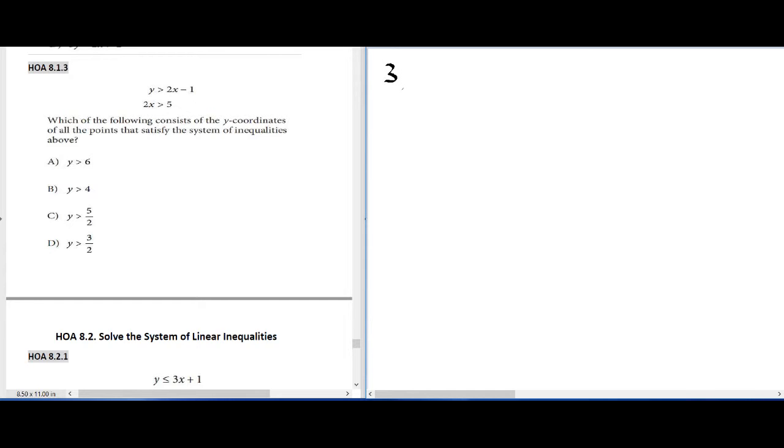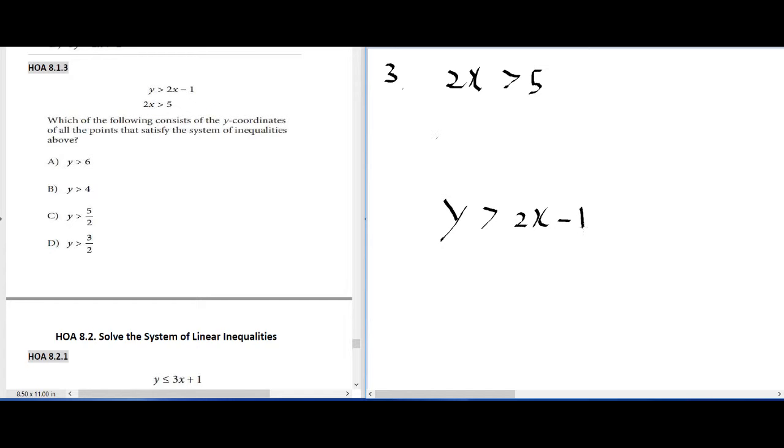For number 3, the first inequality is 2x is greater than 5. Do you need to solve for x? Yes or no? 5 over 2, that's not good. Because y is greater than 2x minus 1, you don't need to solve for x.